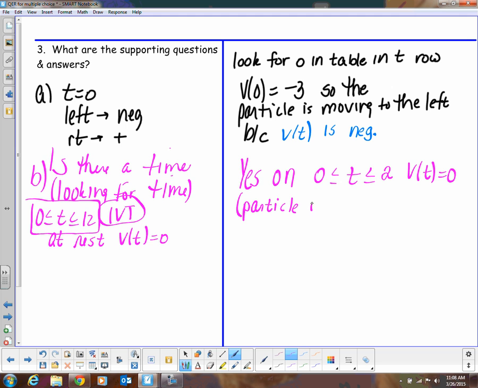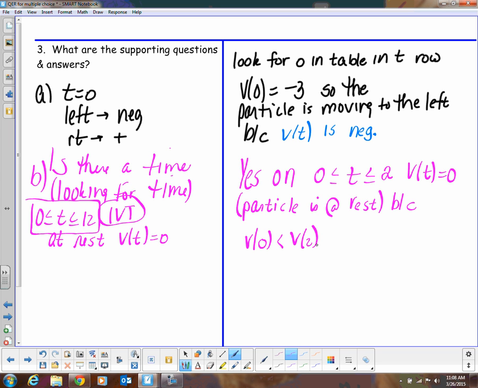Okay, particle is at rest. Why? Because V of 0 is less than V of 2. Right? Well, wait a minute.